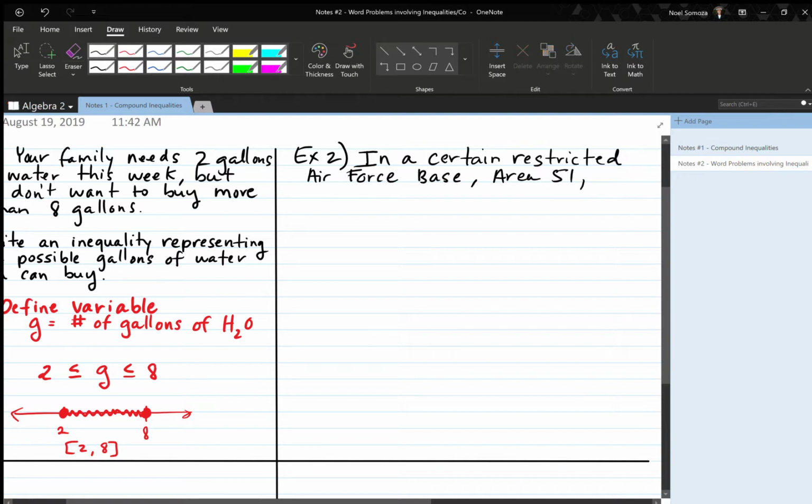Okay, airplanes must fly below 10,000 feet or above 15,000 feet. Okay.